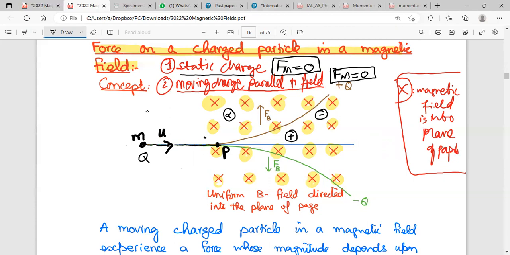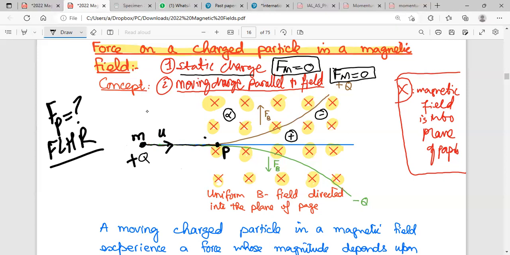So if, let's say, the charge is positive, which is represented in the brown line. So if a positive charge is moving over there, in which direction the force will act at P? So again, we use Fleming's left hand rule.